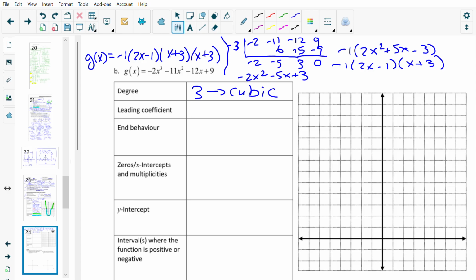Degree. Let's fill this chart in. 3. That's a cubic. Leading coefficient. Oh, what did I forget here?